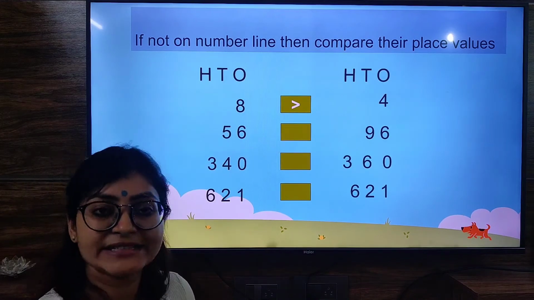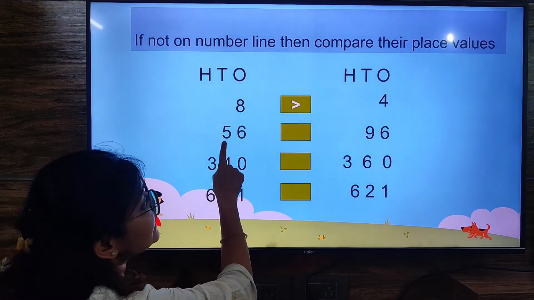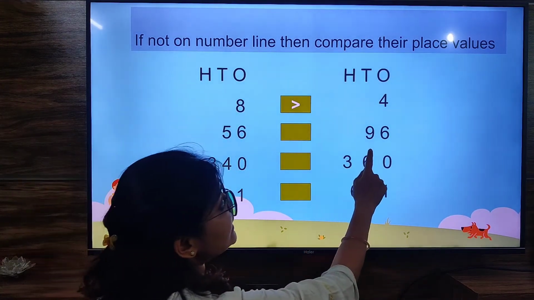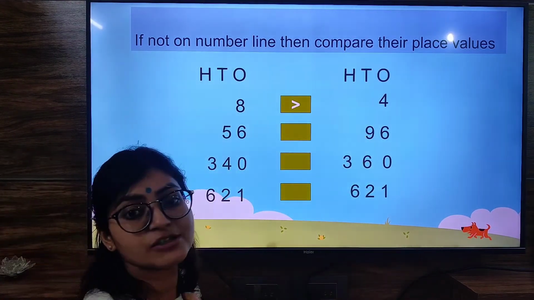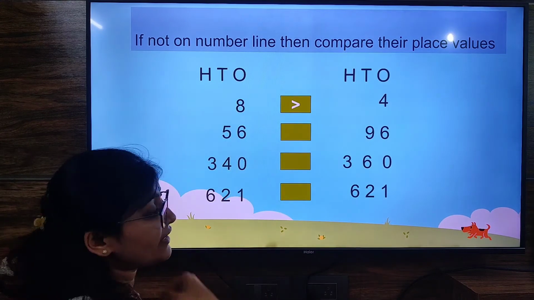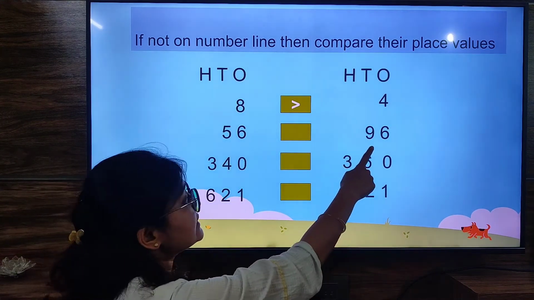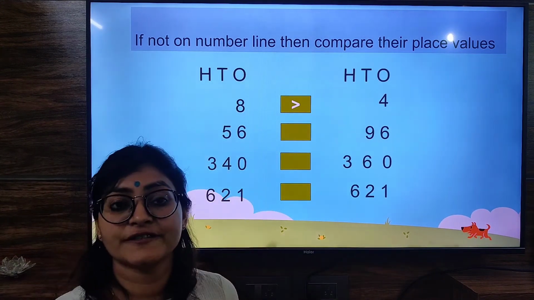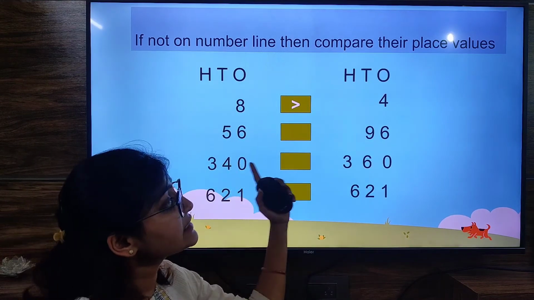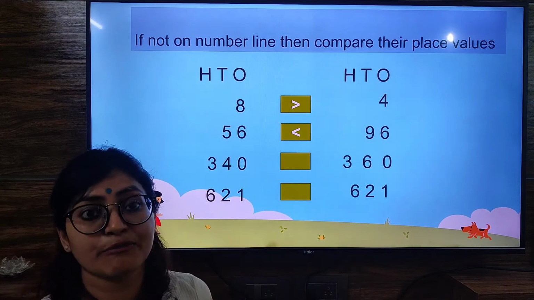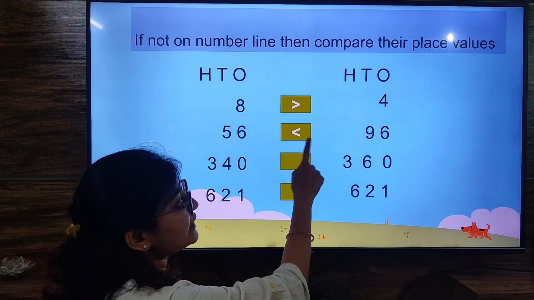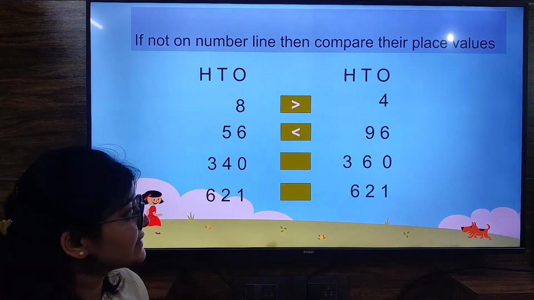Now let's compare their tens value. Here the tens value is 5 and in 96 the tens value is 9. So 9 is always greater than 5. So it means 96 is greater than 56, or 56 is smaller than 96, because 96 is a bigger number. So this sign is opening towards 96.